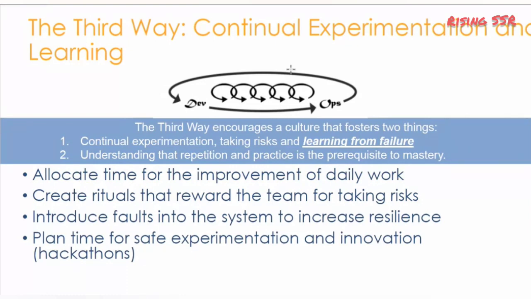So if any organization is practicing the third way, it means they are empowering their employees to inculcate this behavior of learning from failure. Okay. So any organization, if they want to embrace DevOps and SRE, they need to emphasize much on the third way.